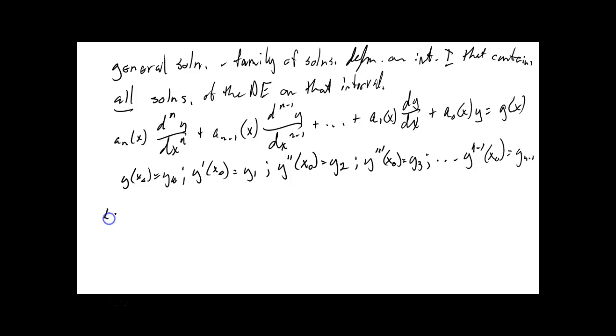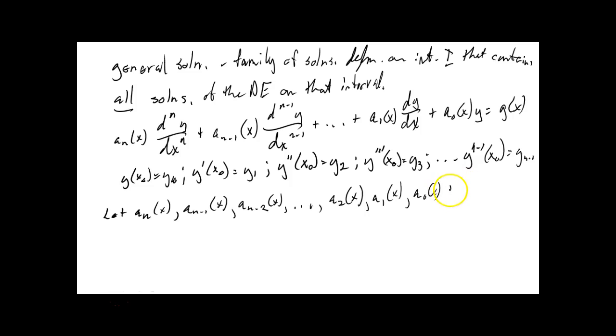Let a sub n of x, a sub n minus 1 of x, a sub n minus 2 of x, all the way down to a sub 2 of x, a sub 1 of x, a sub 0 of x, and the g of x, all those coefficient functions of x and that last g of x, all have to be continuous on an interval.